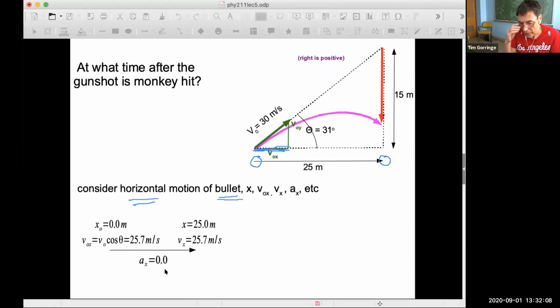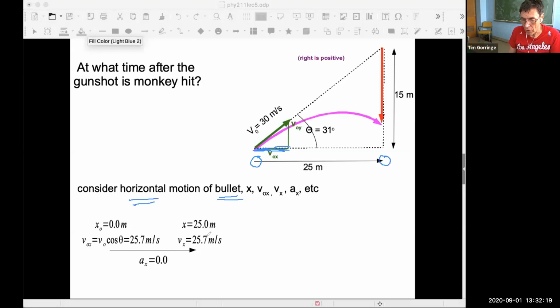Okay, so here I've drawn the horizontal motion of the bullet from left to right. And on that drawing, I've labeled all the things I know about the horizontal motion of the bullet from left to right.